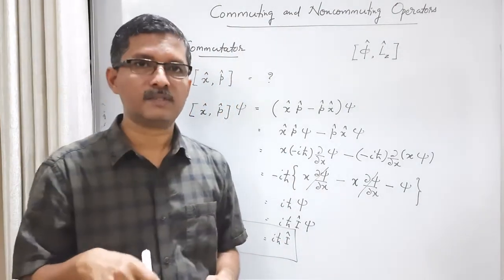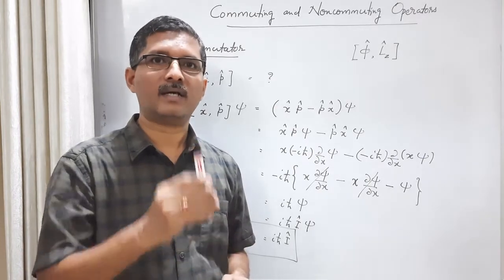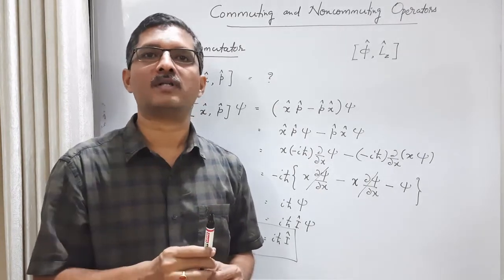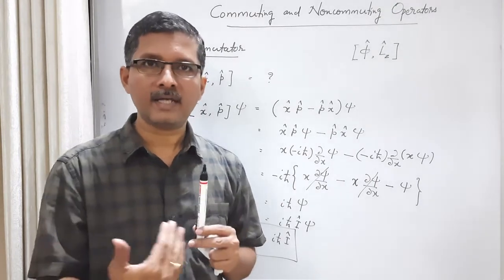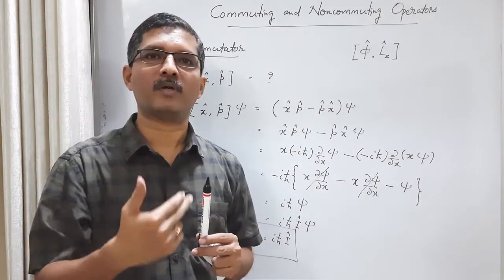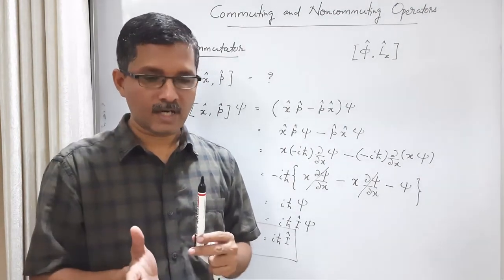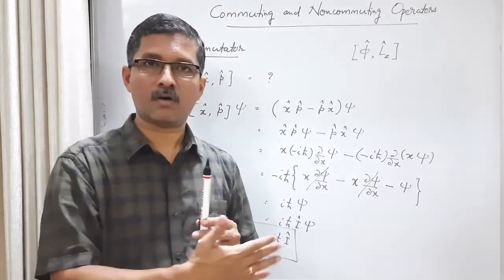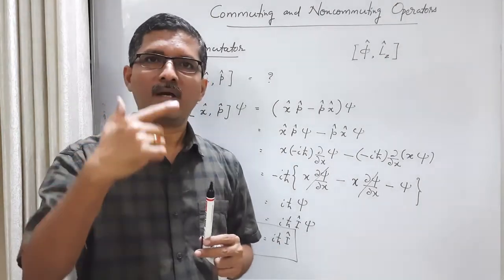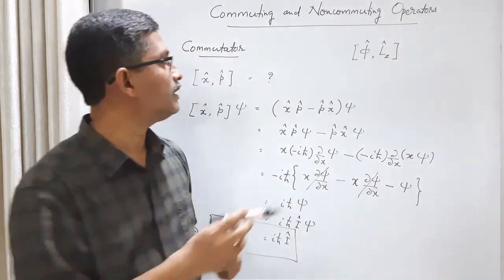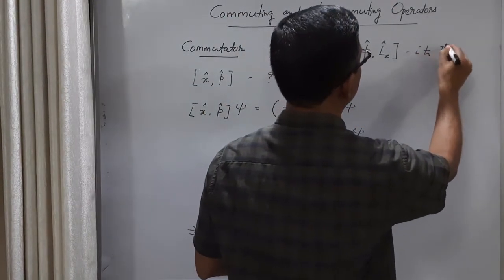The azimuthal angle is in spherical coordinates, measured around the z axis, and the z component of angular momentum is the component along the z axis. Generally, it need not be the azimuthal angle and z axis. If we consider an angle measured around any one axis, and then take the angular momentum along that axis, they also satisfy this relation, iħ times identity.